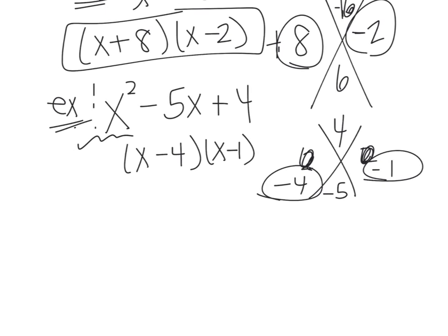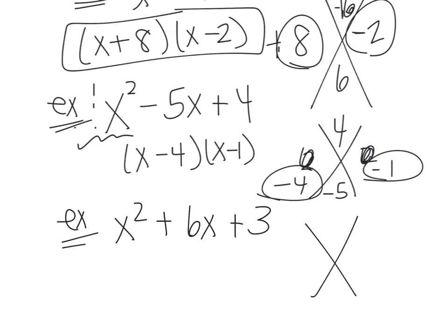And if I do one more before I combine these things, let's look at this problem. X squared plus 6x plus 3. I don't have a GCF, so I'm going to do the X method. 3 goes on the top, 6 goes on the bottom. Factors of 3 are 3 and 1. 3 plus 1, does that make 6? No, those aren't going to work.